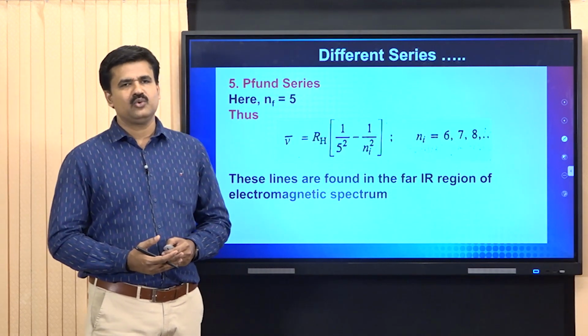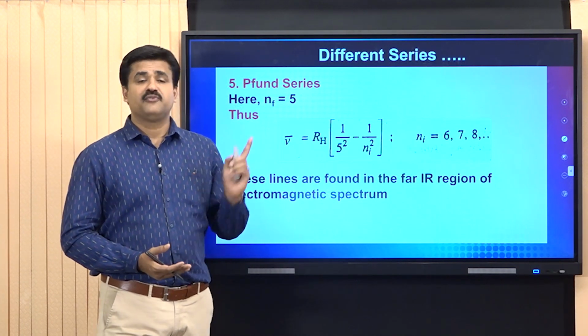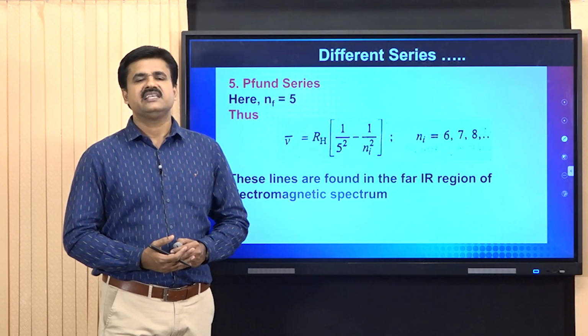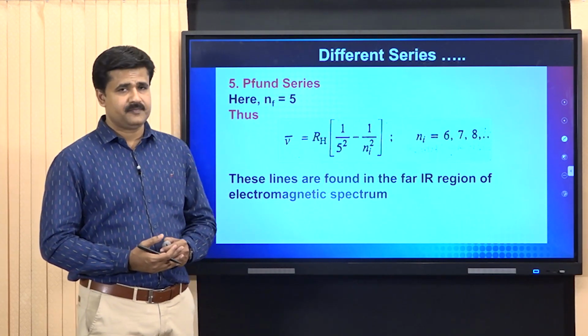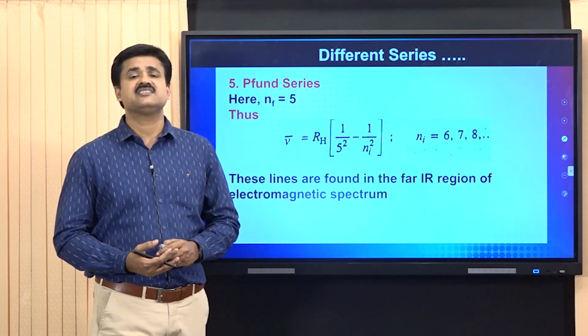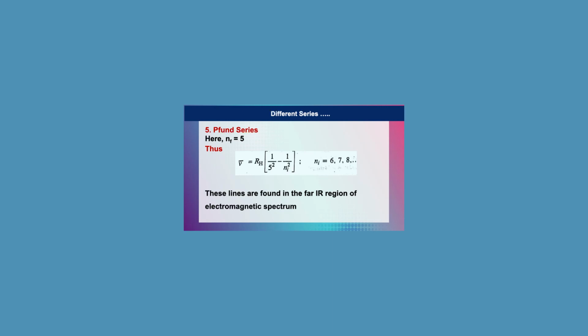Now moving on to the fifth series, that is called the Pfund series. For the Pfund series, the value of n final is fixed as 5 and n initial is 6, 7, 8, etc., which is always greater than n final. The Rydberg equation is nu bar equal to Rh into 1 by 5 square minus 1 by ni square.